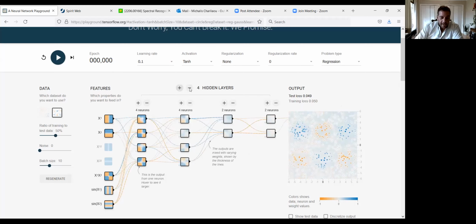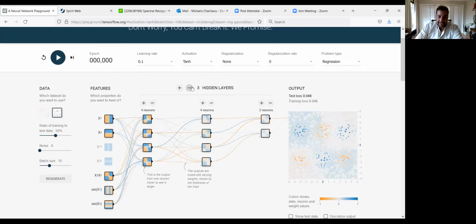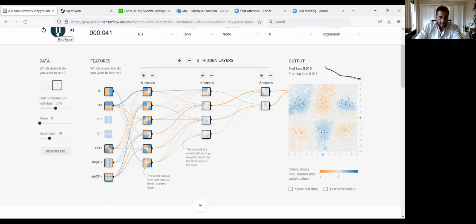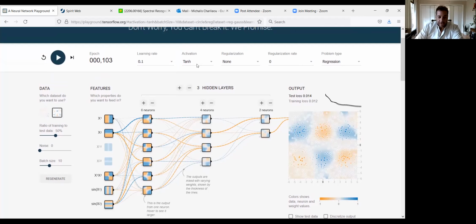So by adding neurons, I gained something. By adding layers, it didn't change much. So let's increase the number of neurons. Okay. It's getting closer. How about the activation function?